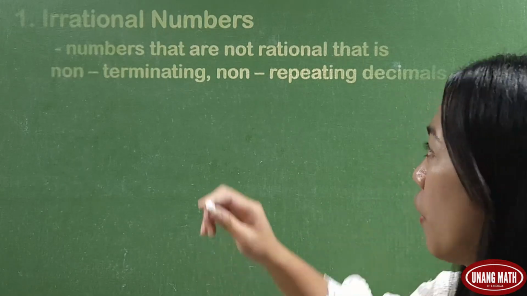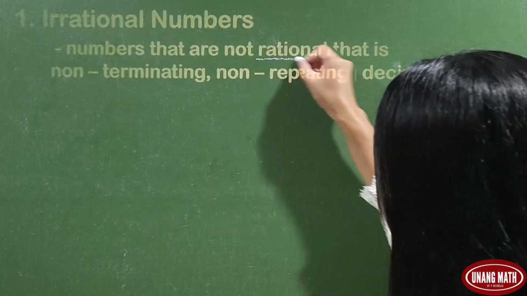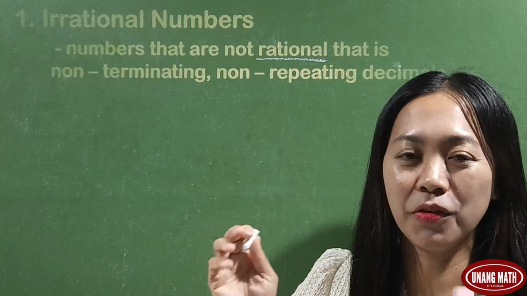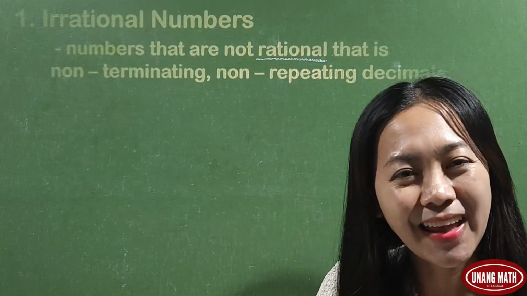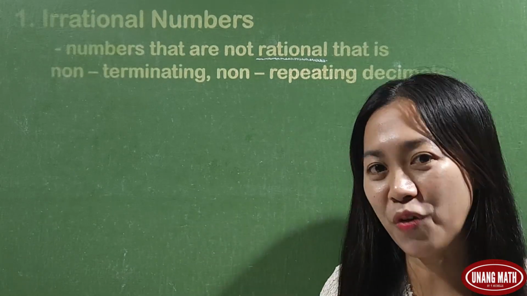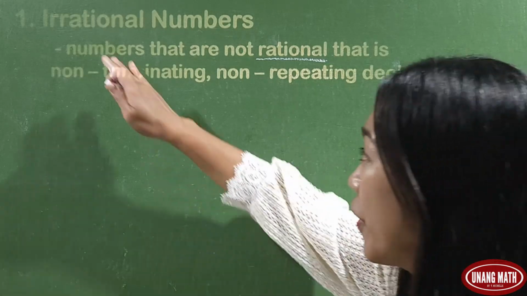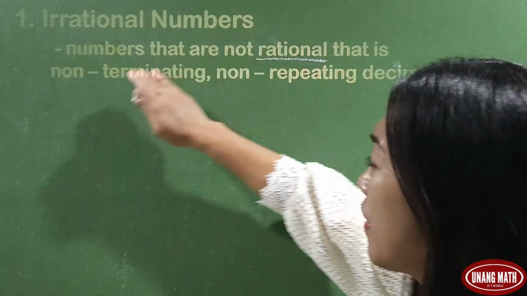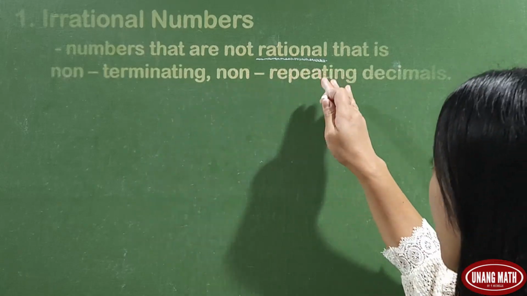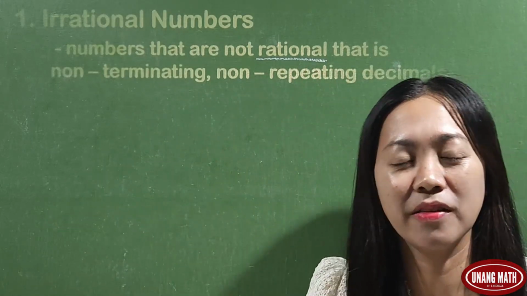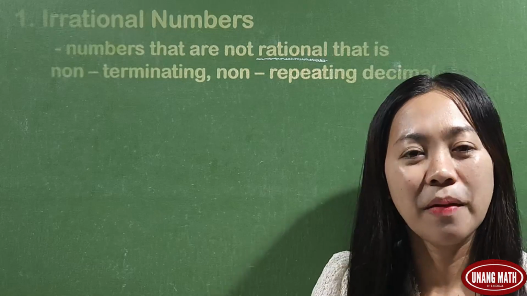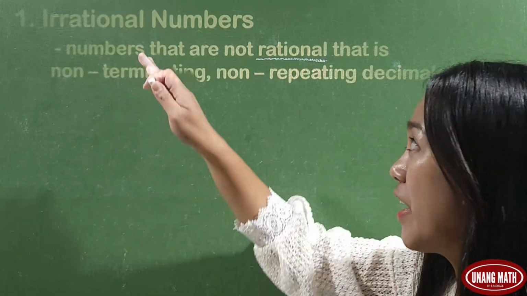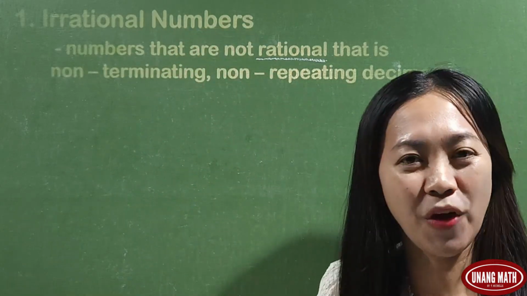If you can recall our lesson about rational numbers, I've mentioned that rational numbers can be converted to fractions. For irrational numbers, these are non-terminating, non-repeating infinite decimals. It means we cannot convert irrational numbers to fractions.